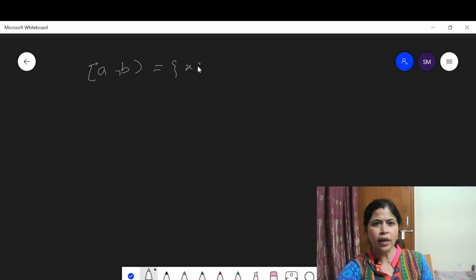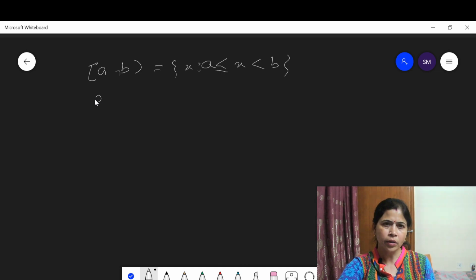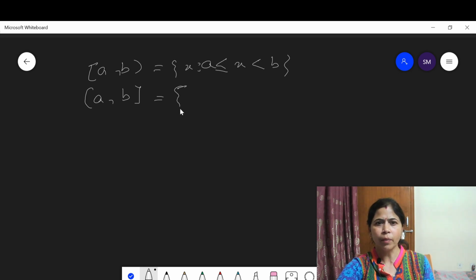This shows that X is such that X is greater than or equal to A and less than B. And suppose this other one, (A, B], is also a semi-open or semi-closed interval. This means X is such that X is greater than A and less than or equal to B.